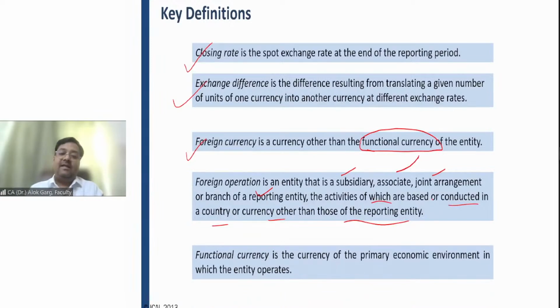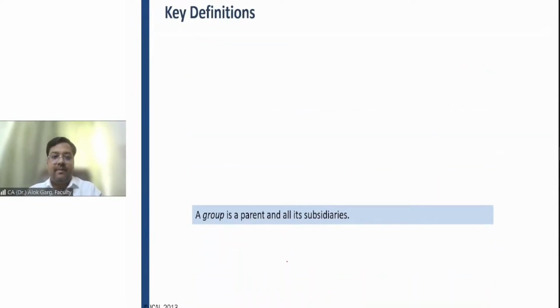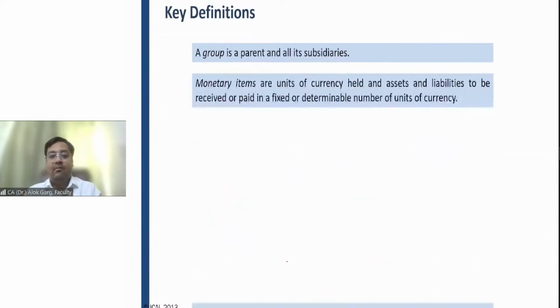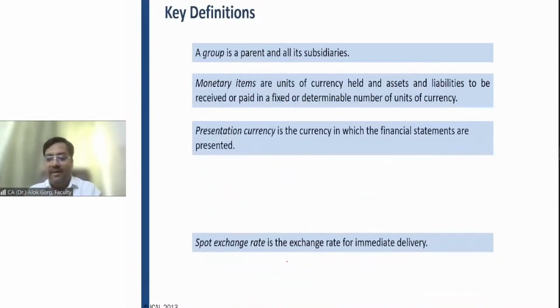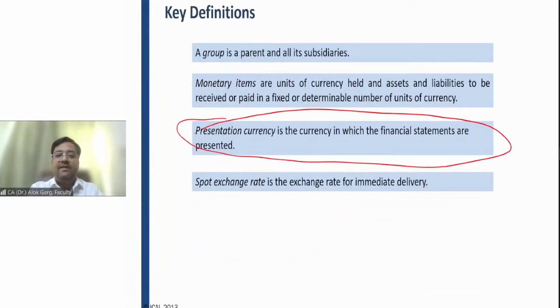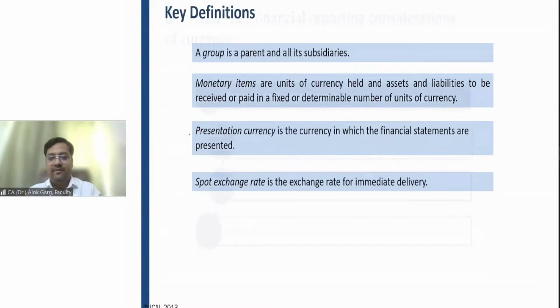Functional currency is the currency of the primary economic environment in which the entity operates. What is meant by a group? Group is parent and all its subsidiaries. Monetary item, non-monetary item we will be discussing later on. Presentation currency is a currency in which the financial statements are presented, right?